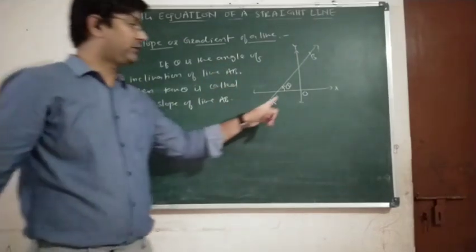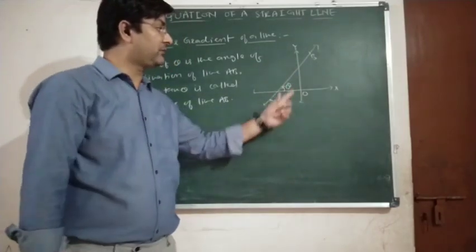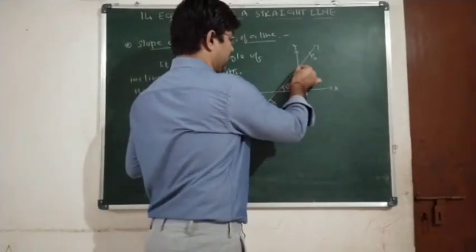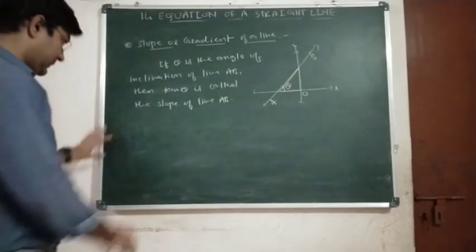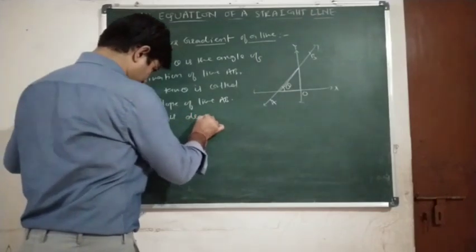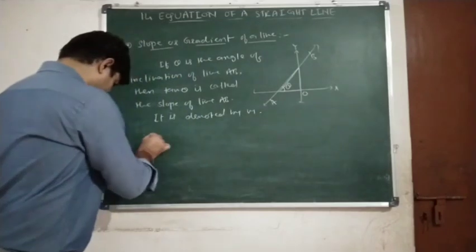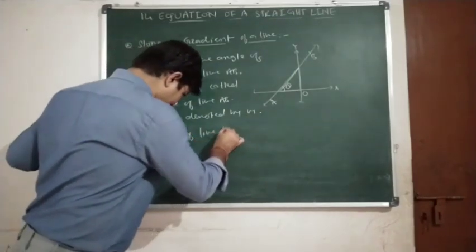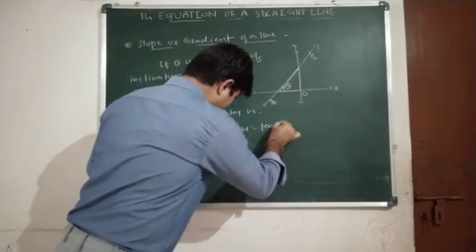If theta is the angle of inclination, then tan theta, that is perpendicular upon base for this triangle, will give you the slope of line AB. Clear? It is denoted by the symbol M, and therefore slope of line AB denoted by M is equal to tan theta.